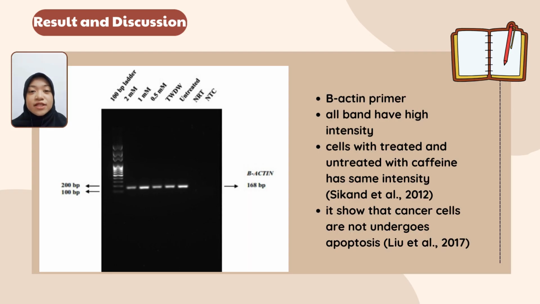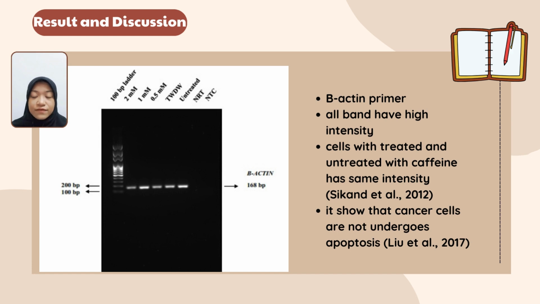Next, based on the gel electrophoresis result using the beta-actin primer. From the figure, DNA bands of approximately 168 base pair, which is the targeted size for the beta-actin gene, were obtained. The figure shows that for the beta-actin primer, all samples, treated and control untreated with caffeine, have the same intensity.